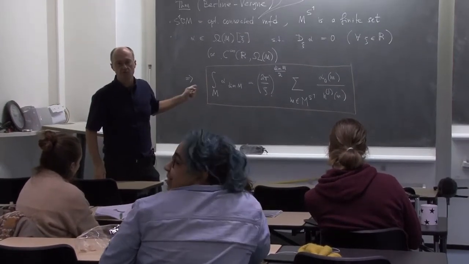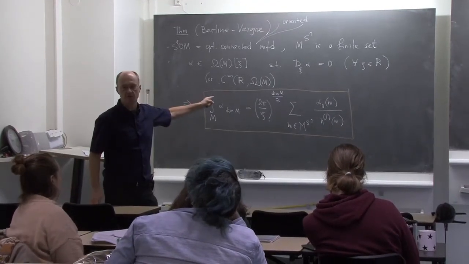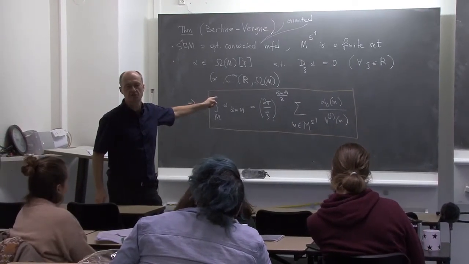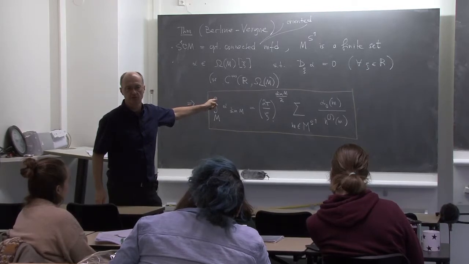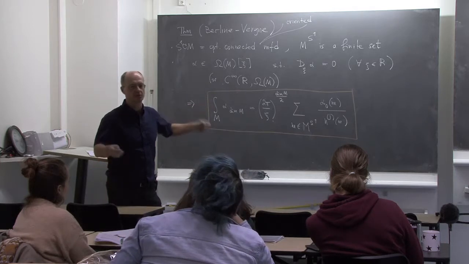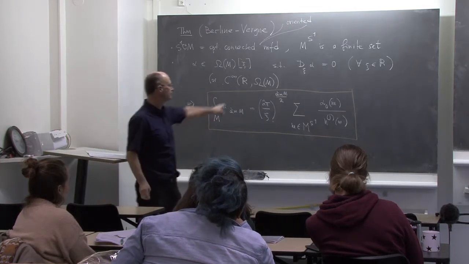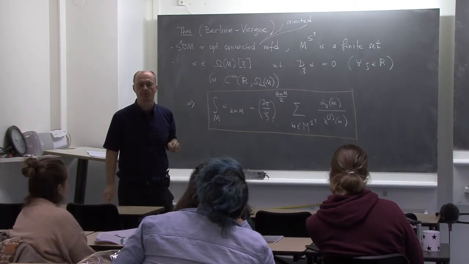I'm probably lying. We actually don't know that the dimension of M is even. But if the dimension of M is odd, we still know something. Still, the right-hand side makes sense, and we don't need to take square roots.